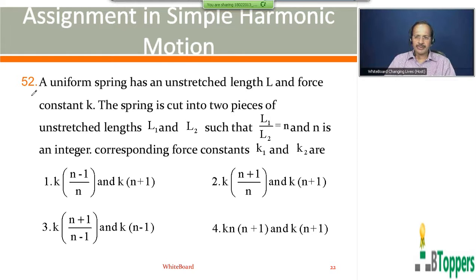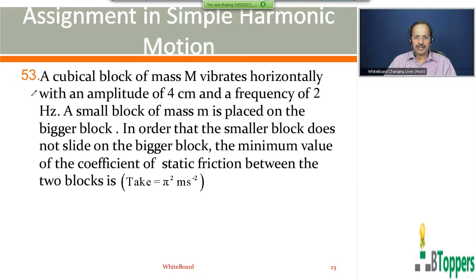So I am going to show you the next question on screen. See question number 53. A cubical block of mass capital M vibrates horizontally with an amplitude of 4 centimeter and frequency of 2 hertz. A small block of mass small m is placed on the bigger block.